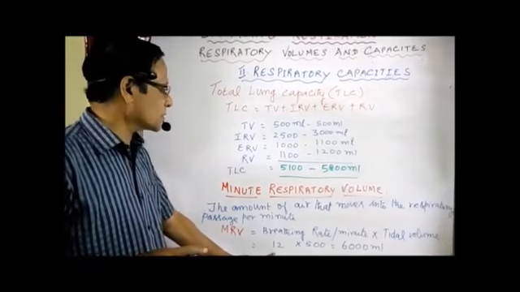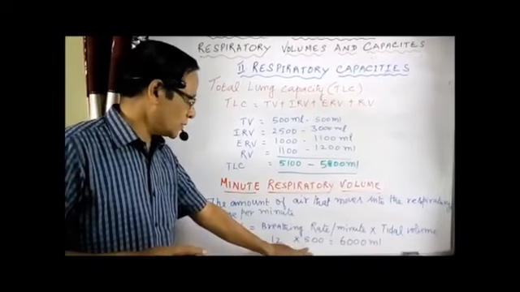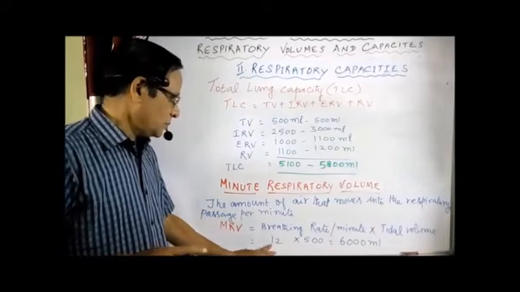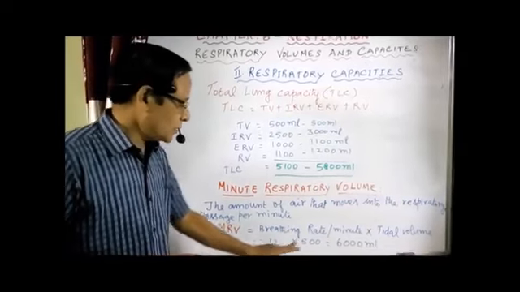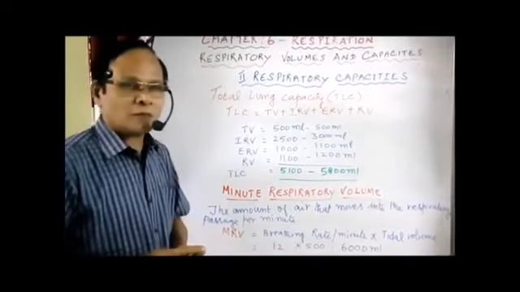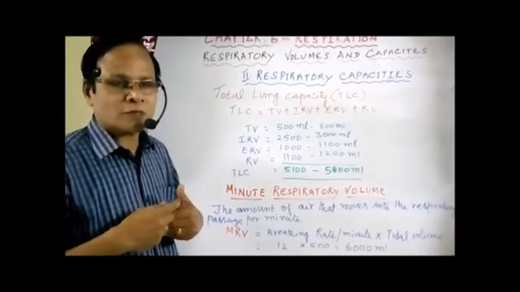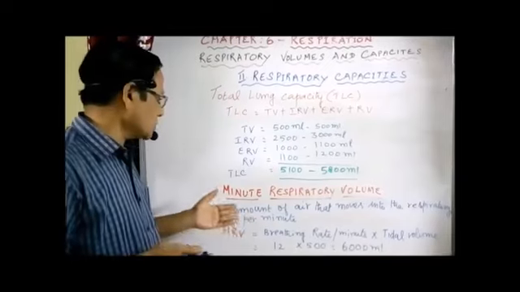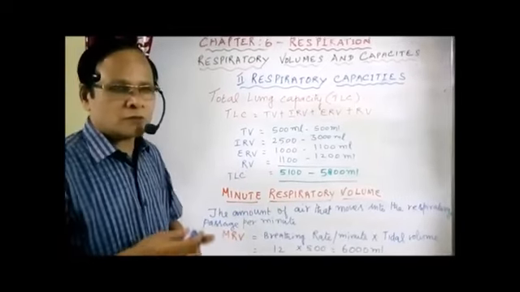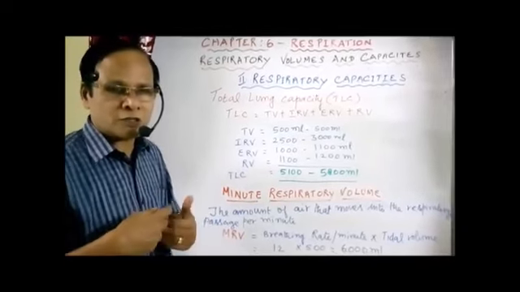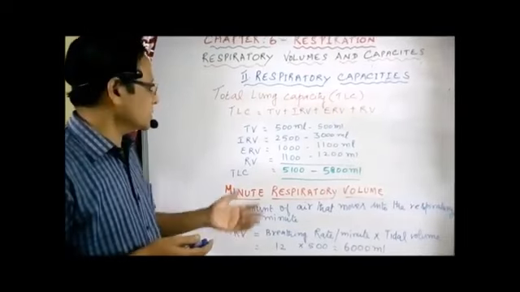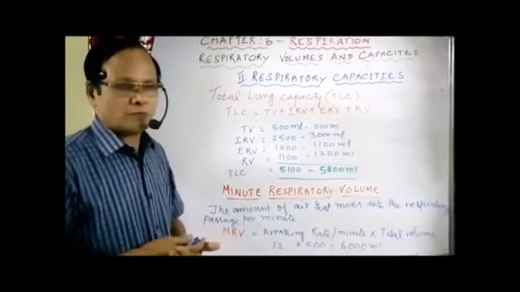So we multiply the tidal volume, 500 ml, with the breathing rate, and we get the value of 6000 ml. That is the volume of air that can be inspired or expired, and that is called the minute respiratory volume. So 6000 ml of air can be inspired or expired. That is about minute respiratory volume.